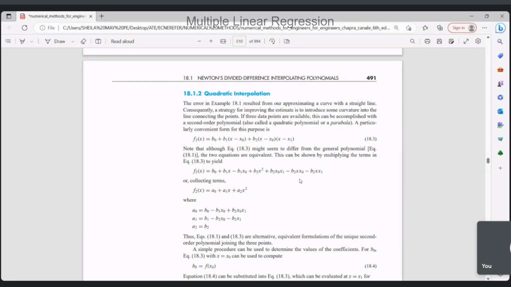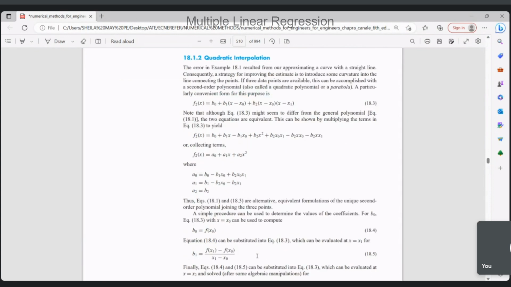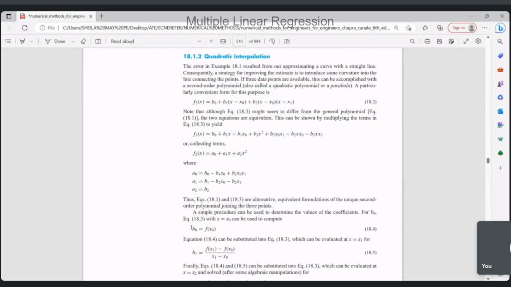Now, these two equations, equation 18.1 and equation 18.3, are alternative, equivalent formulations of the unique second-order polynomial joining the 3 points. A simple procedure can be used to determine the values of the coefficients for b sub 0 with x equals x sub 0. We have here, ang pagkuha po sa B0 class is this one. Di ba naa tay main nga equation? Naa tay kani nga equation.